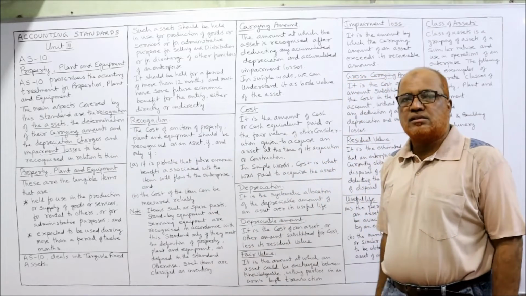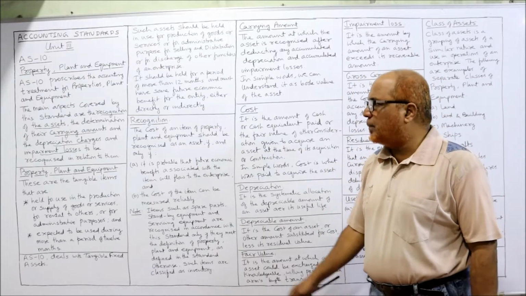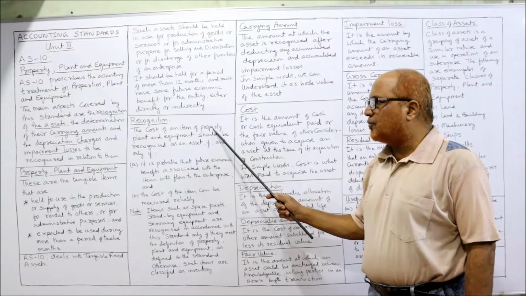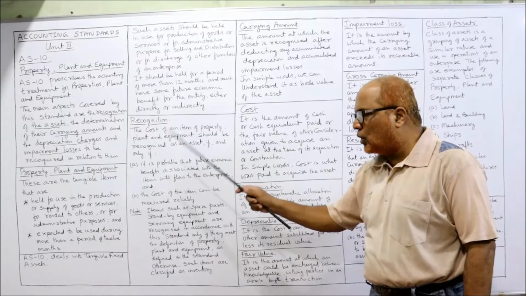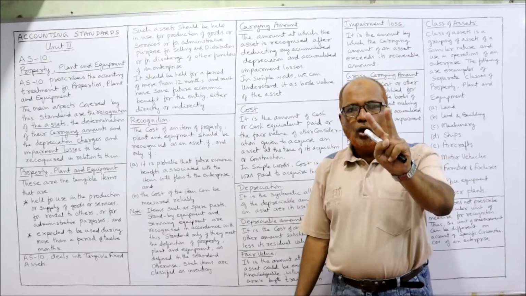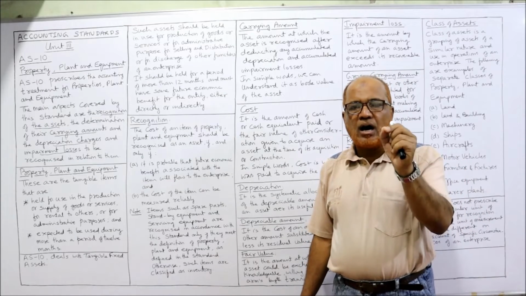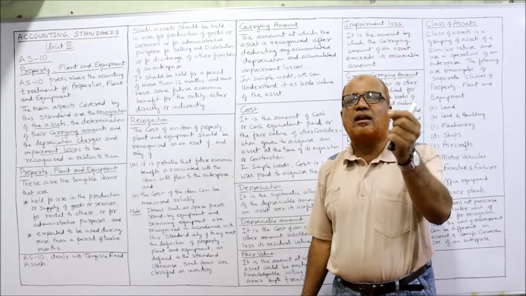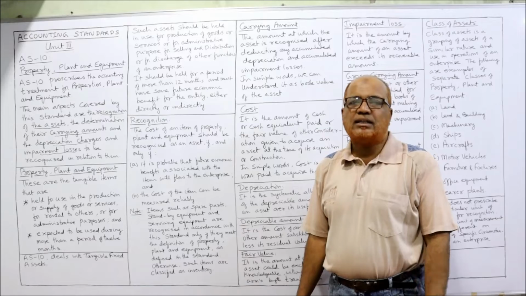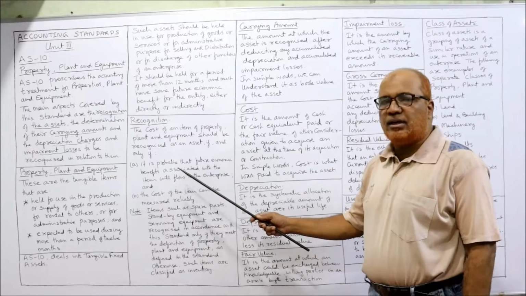So recognition. How to recognize the asset, property, plant and equipment? The cost of an item of property, plant and equipment should be recognized as an asset if and only if two conditions are satisfied. If both the conditions are satisfied, then only those assets are recognized. Otherwise, those assets are not recognized. What are the two cases?